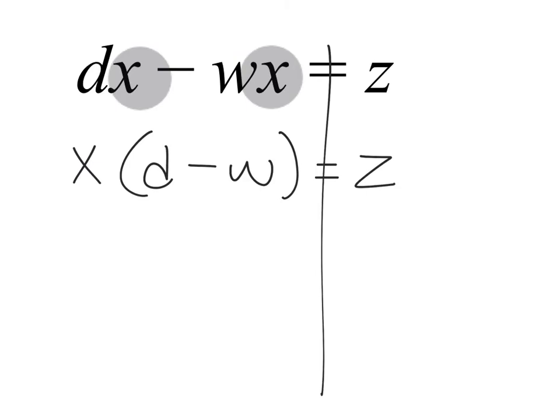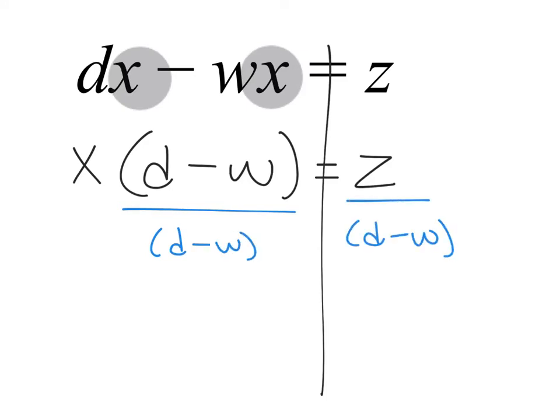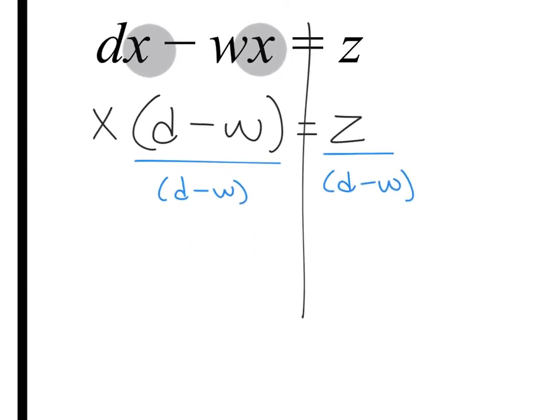And now we're almost done. This is an example of multiplication, so to undo it, I divide. I'm going to divide by this entire parentheses, d minus w. Divide by d minus w, and you're done.